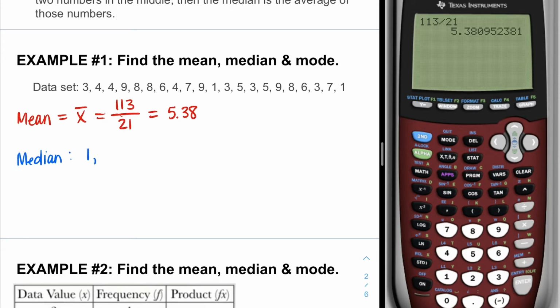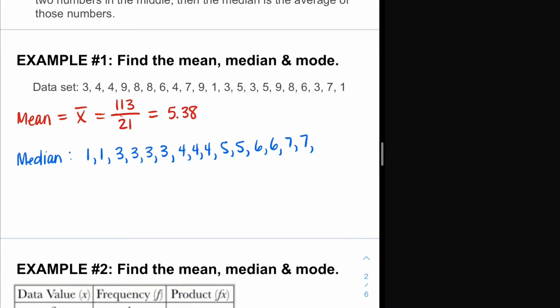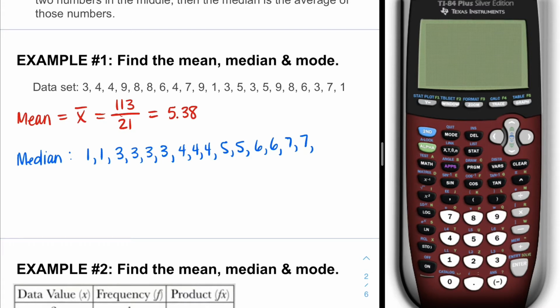I'm going to have the following. 3 is written 4 times. 4 is written 3 times. 5 is written twice. 6 is written twice. 7 is written twice. 8 is written 3 times. And then 9 is written 3 times. Okay?